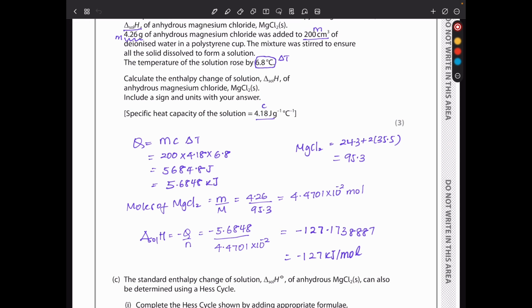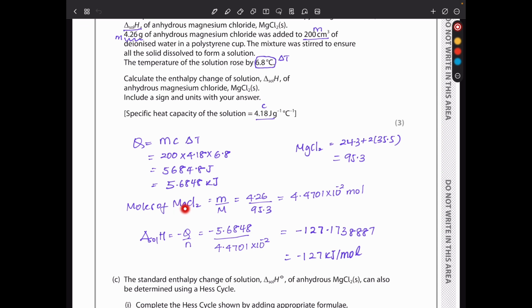So we have this as the mass of the solid. We'll use this to calculate the number of moles. And since this is the volume of the solution, we're going to use it as the mass in this formula. So mass, ΔT, and the c. So Q will equal 200 times 4.18 times 6.8, giving us 5.684 kilojoules.